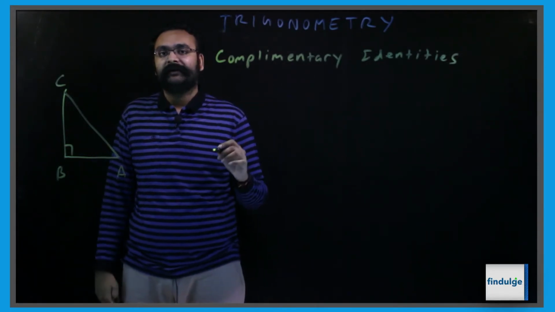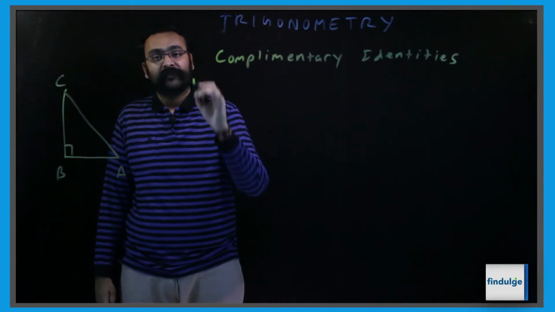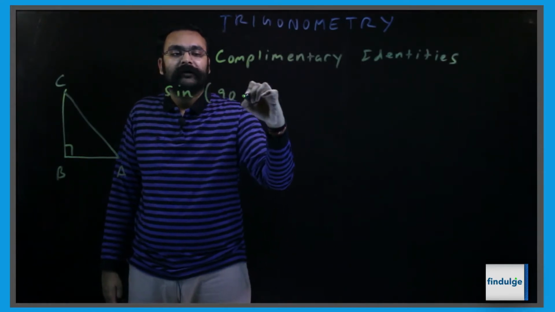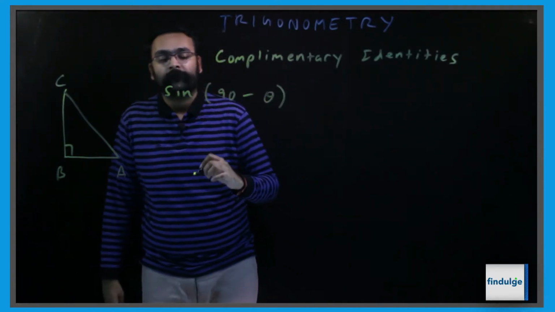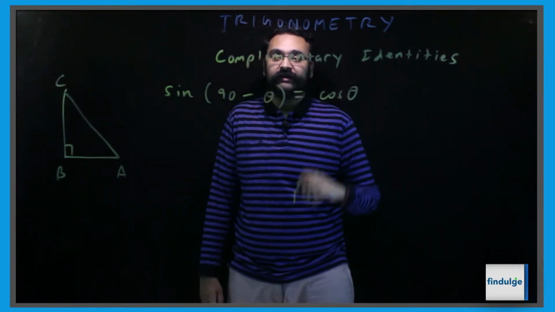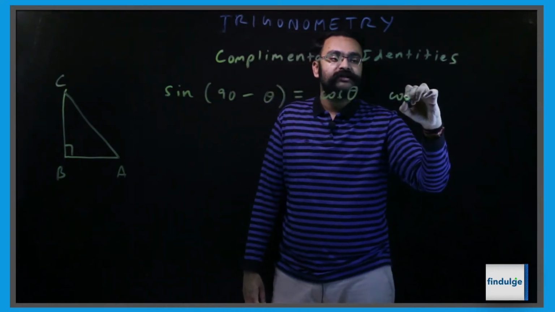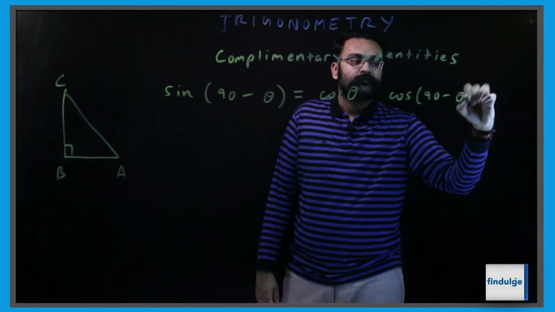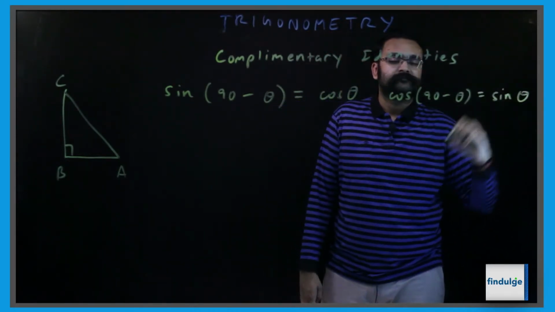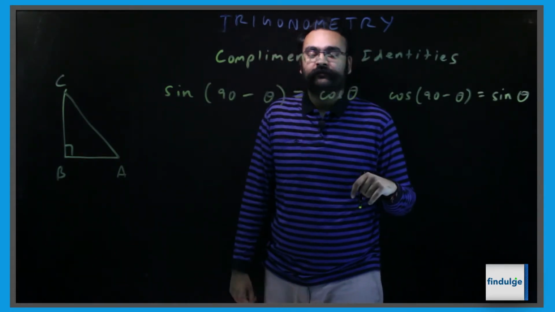The complementary identities state that if I have some angle theta, then sine 90 minus theta is simply equal to cos theta, and the vice versa is also true. Cos 90 minus theta is equal to sine theta. So cos and sine are paired.